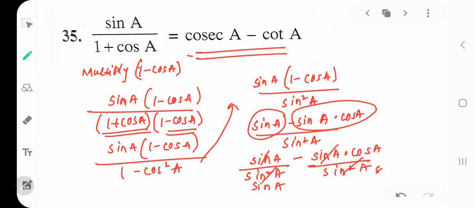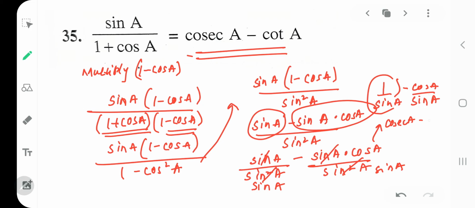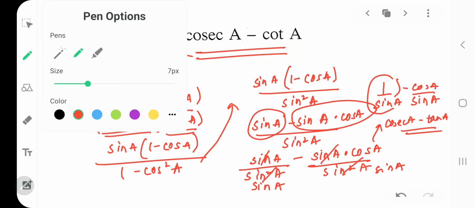Here also remaining will be 1 sin A down. So you will get answer 1 upon sin A minus cos A upon sin A. Now my dear kids, for 1 upon sin A, can I write cosec A? And for cos A upon sin A, can I write cot A? So this is what is required in the answer.